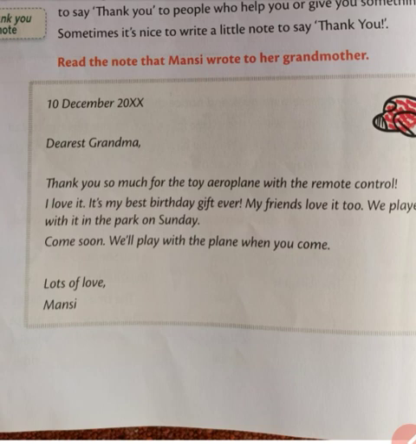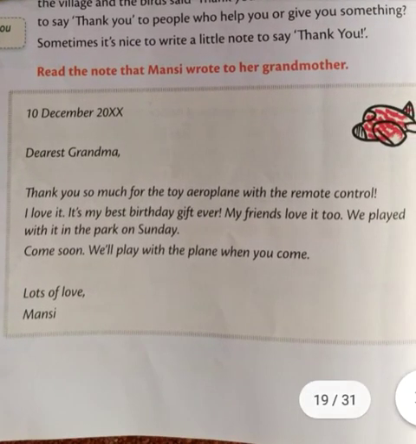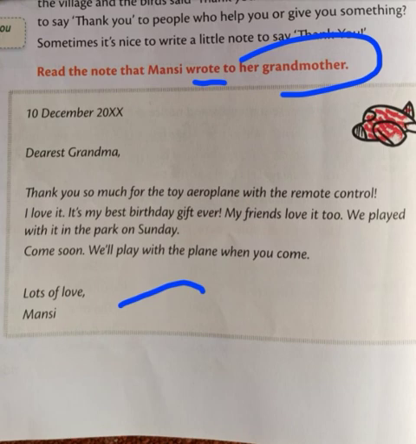Okay, a toy aeroplane. Got it? See, how did she write? First of all, she took a page or a card, and in left side she wrote date.